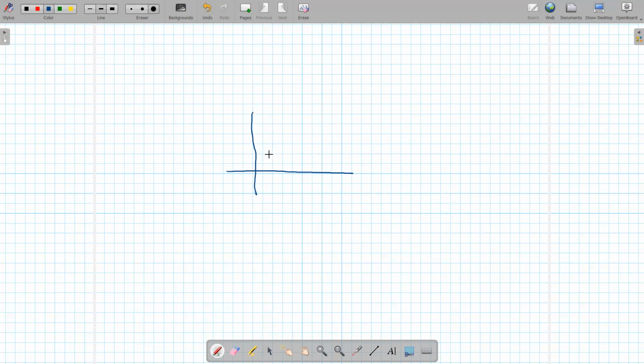Here's a question for you. Is the tangent at this point increasing or decreasing? Increasing. What about here? It's increasing.